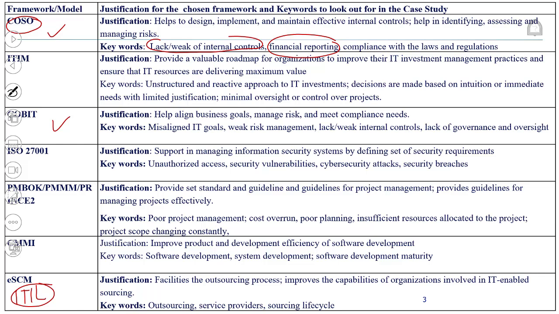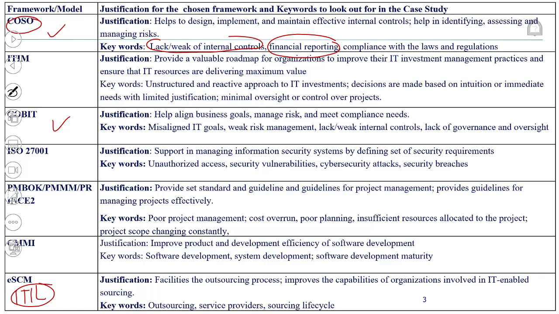But in terms of what to look for in COSO: things like weak internal controls, financial reporting, compliance with the laws and the regulations. If you see such a thing in a case study, and you're asked to identify or suggest a framework, then COSO could be one of the ones that you could suggest.